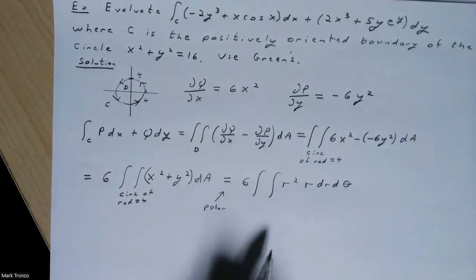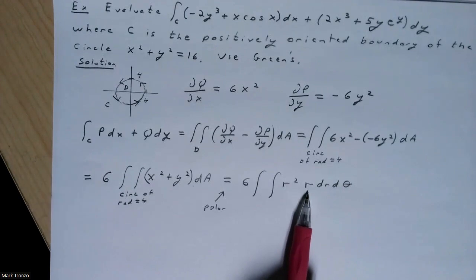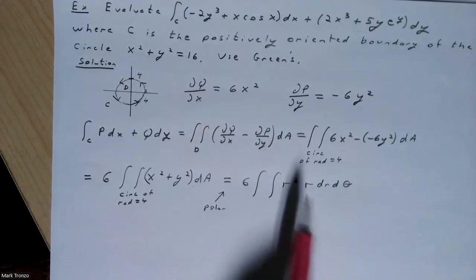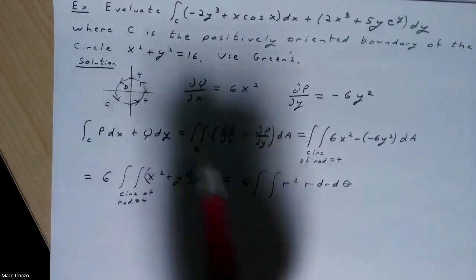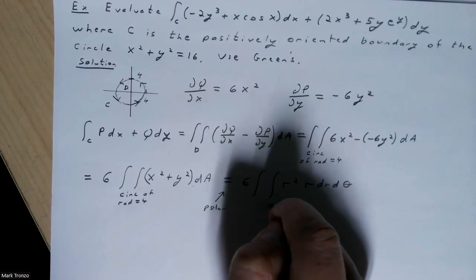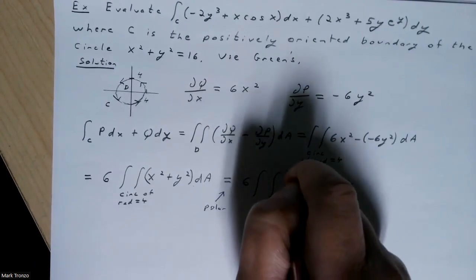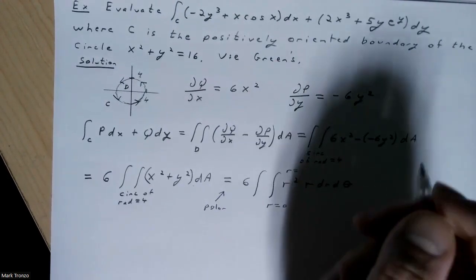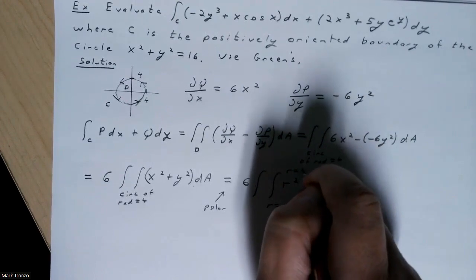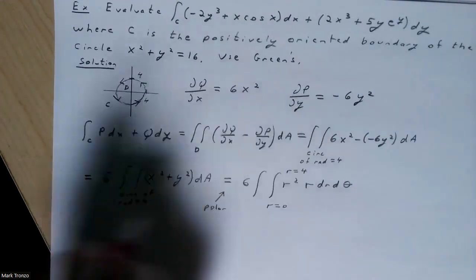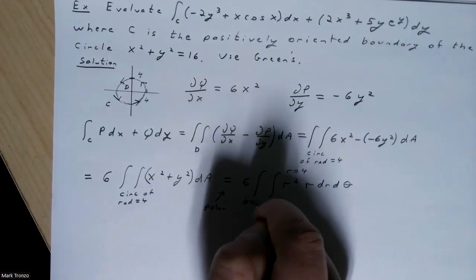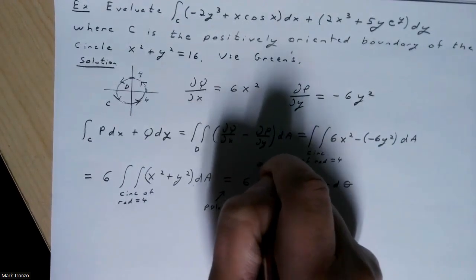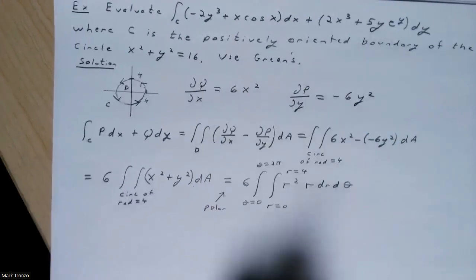You always have to multiply that extra r whenever you're changing to polar from Cartesian. And then we want to integrate over this circle, and that's going to be from r equals 0 to r equals 4. And then, of course, the circle goes all the way around. Theta is 0 to 2 pi.